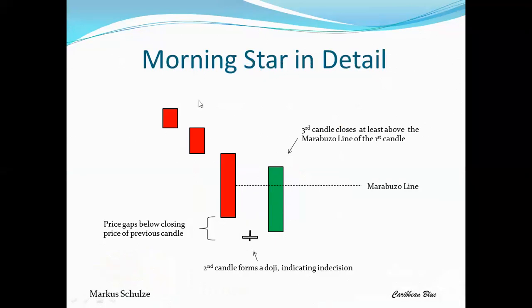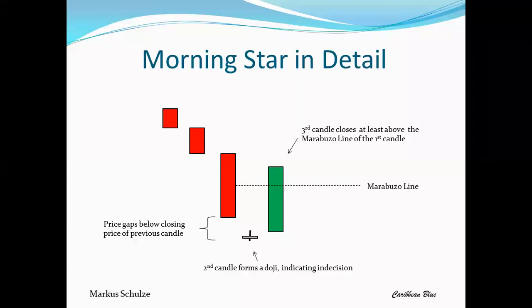When we talk about the morning star, first we have to have a nice little impulse to the downside. So downtrend, bearish impulse. Ideally, we want to see the first candle of this 3 candle pattern be a relatively strong candle, ideally even stronger than the preceding candles on this downturn. And then the very next candle will have to gap below the closing price of the previous candle.